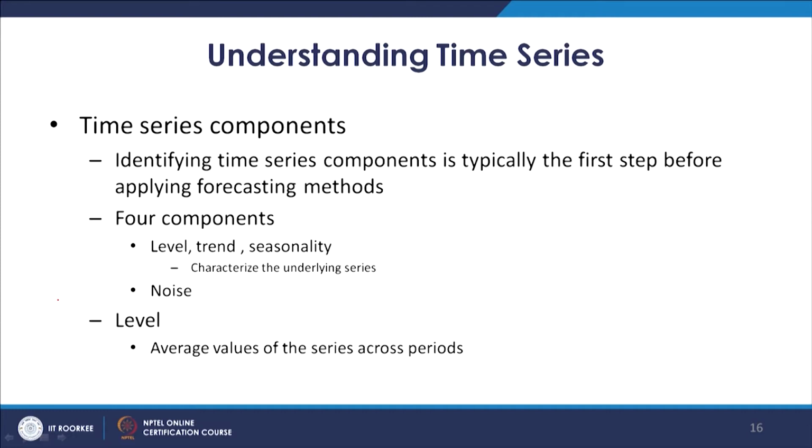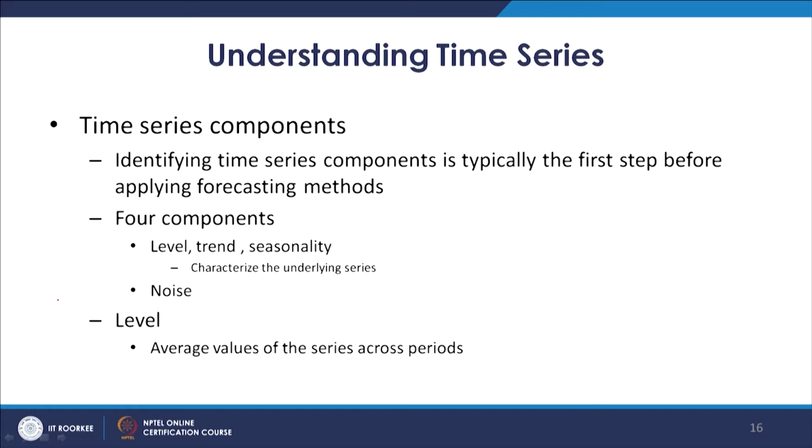As we discussed, there are 4 components for a time series. Three components we have grouped together here, the level, trend and seasonality, because these are the 3 components which actually characterize the underlying series, and the remaining part is the noise. So, noise is the fourth component.